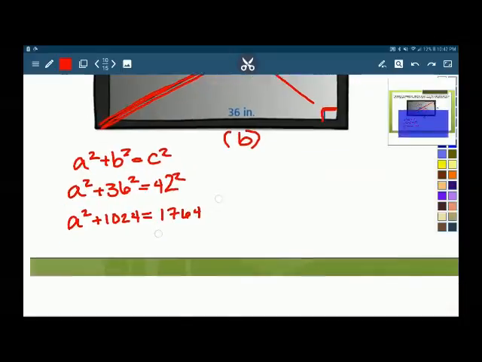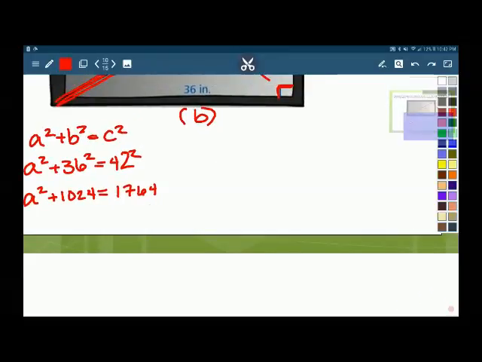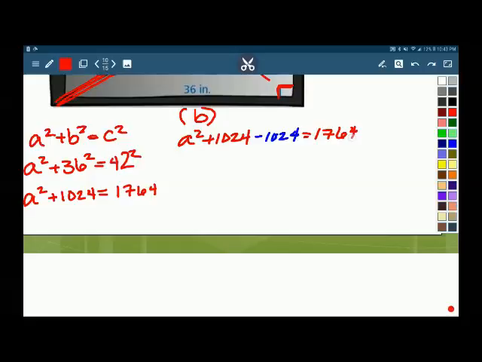So now I just need to use my solving skills here again. Actually, I'm going to write over here. I've got A squared plus 1024 minus 1024 to get rid of it on the left side is equal to 1764 minus 1024.